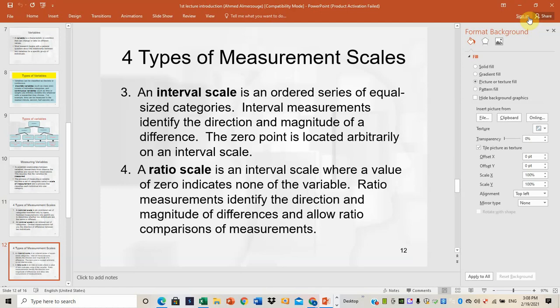Interval measurements identify the direction and magnitude of difference. The 0 point is located arbitrarily on an interval scale. For example, if I ask about temperature, I say the temperature is 30 Celsius, different from 40, different from 50, 55.3, 46.3. There are always points in the interval scale, but in the interval scale the zero doesn't mean absence of the thing. If we say the temperature is 0 Celsius, it doesn't mean there is no heat. There is heat, but its amount is 0 Celsius, there is minus 3, minus 4, that is also heat.